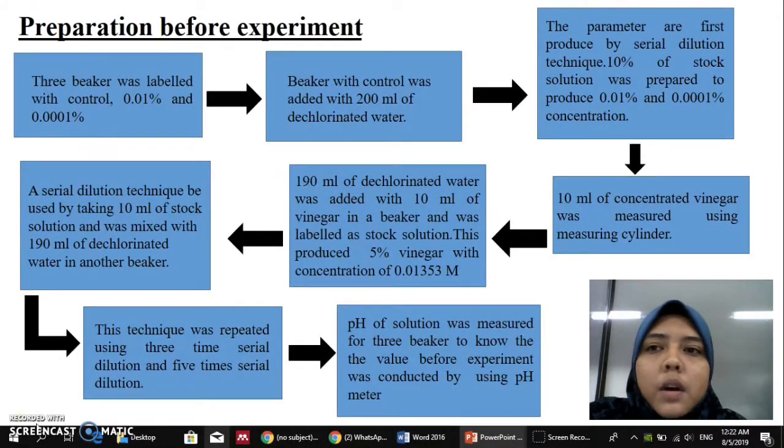Okay, this is the flowchart of the preparation before the experiment, where the 3 beakers were labeled control, 0.01% and 0.001%. Beaker 1 with control was filled with 200 ml of dechlorinated water, and the parameters are first produced by serial dilution.